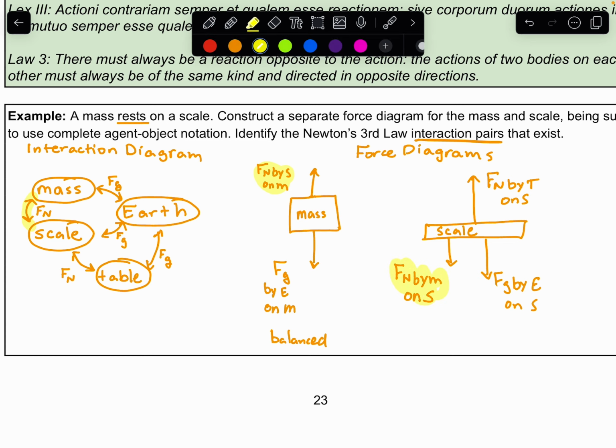Now let's find another interaction pair. We'll pick a different highlight color. The normal force between the scale and the table starts off here, but I don't have a force diagram of forces acting on the table. So I don't see the pair force or the interaction pair highlighted here.